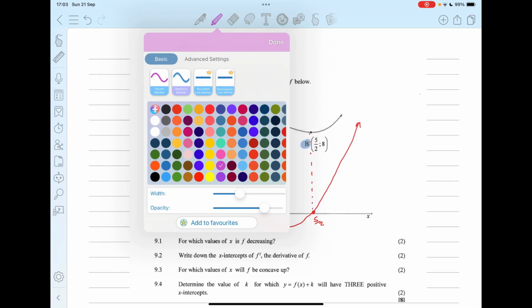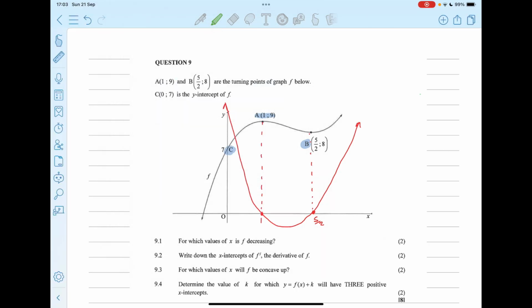And looking at our function, let's pick a different color. Let's pick a green. That will be from the point of inflection, which is somewhere in between our two turning points, and going all the way till positive infinity because we don't know where it ends. So that's where it will be concave up.